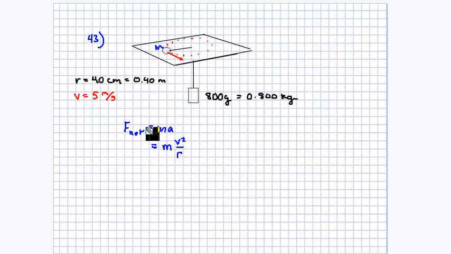Okay. Now let's take a look at the left side of the equation. How many forces guide this thing in a circular path? Just one, just the tension force. So we can say Ft. Okay. How big is that tension force?